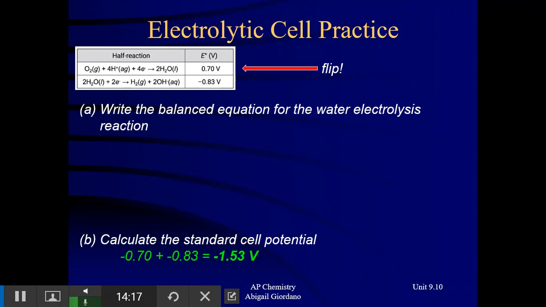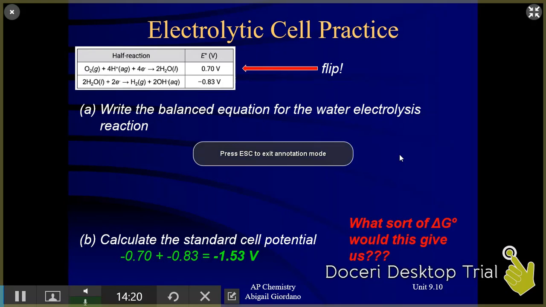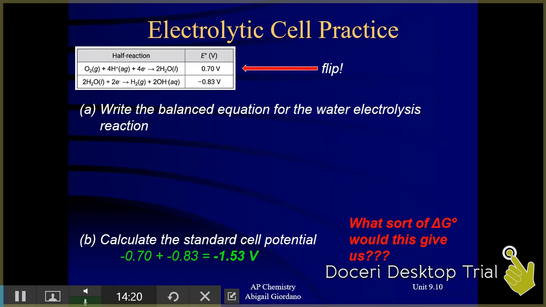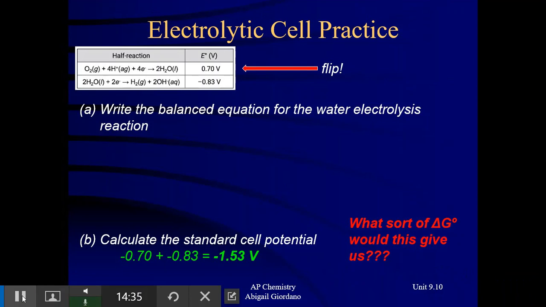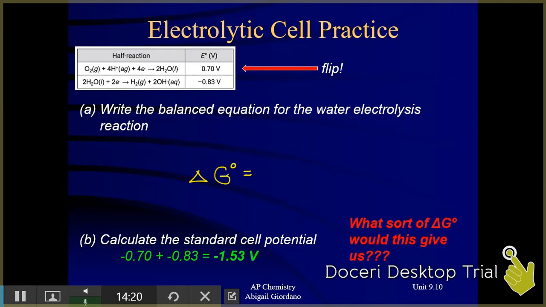And I want you to think about something for a moment. What sort of delta G Gibbs free energy value would that give us? I'm not actually going to work through the math, but sorry, let me bring that back up.